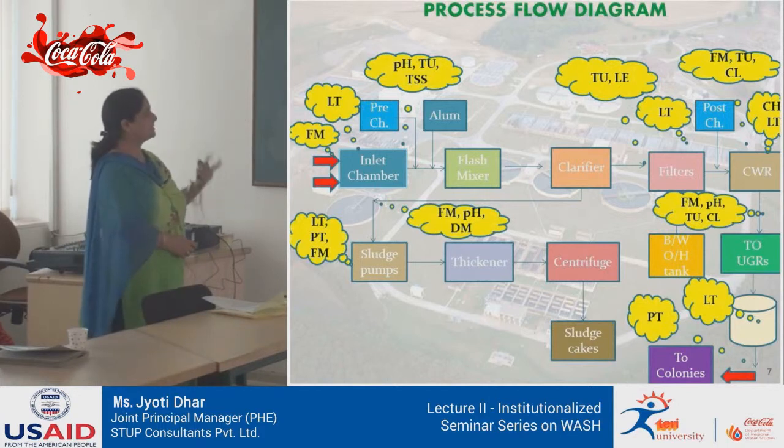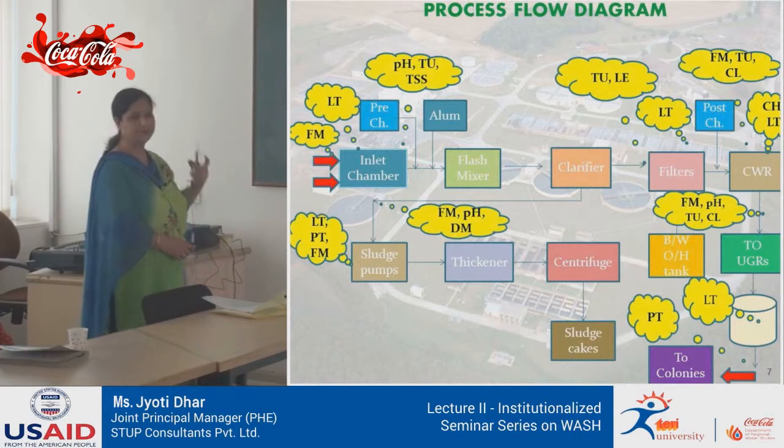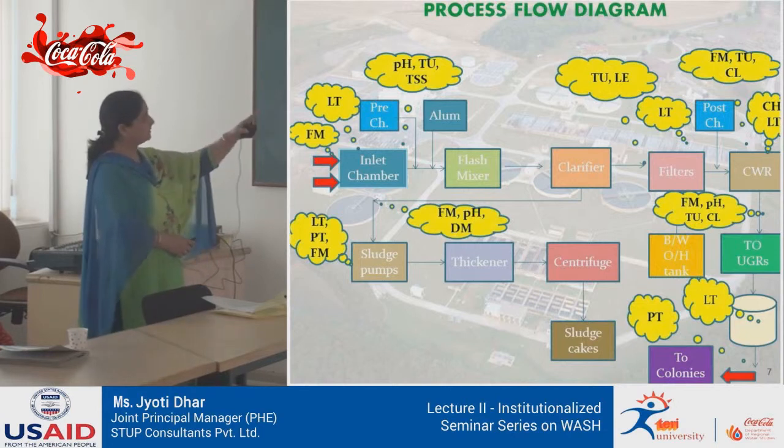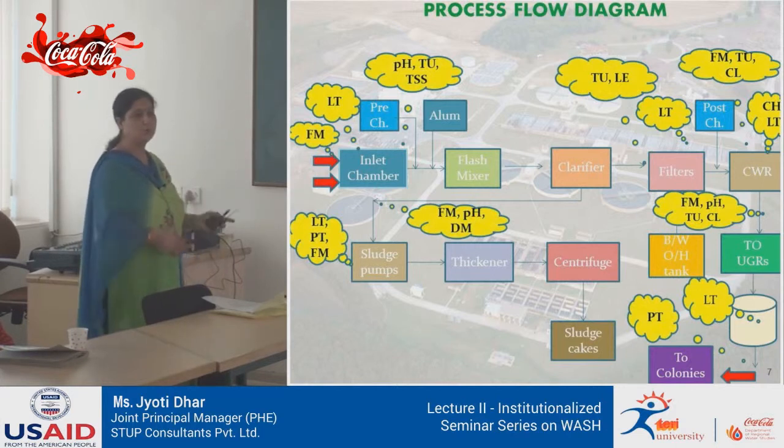Then you have pH, turbidity and suspended solid measurements. These are the online process parameters used in the water treatment plant. And finally you have level transmitters and flow transmitters installed at every outlet, so that you know what the leakage is in the whole plant.